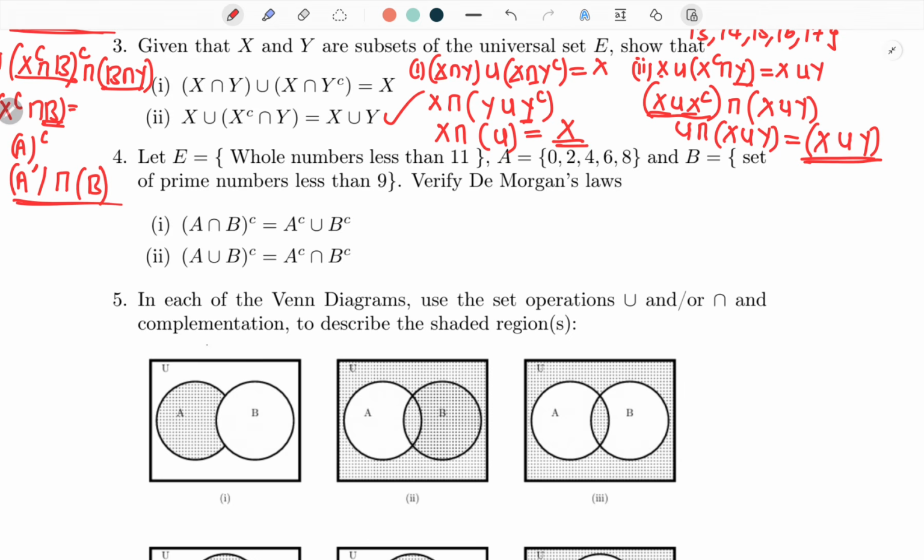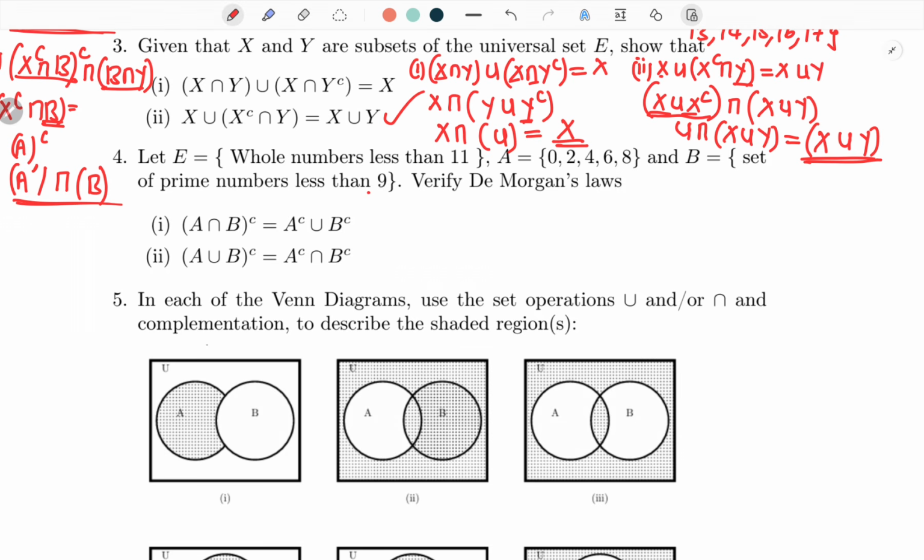A very good example is what we have in the question, like the first one. We have A intersection B complement. Then they're saying, show that it is equal to A complement union B complement. Using De Morgan's law, it's actually very simple. And you'll be able to see how it's going to hold. Let's see how beautifully De Morgan's law can actually hold. Okay, so let's first of all get the sets that we have been given.